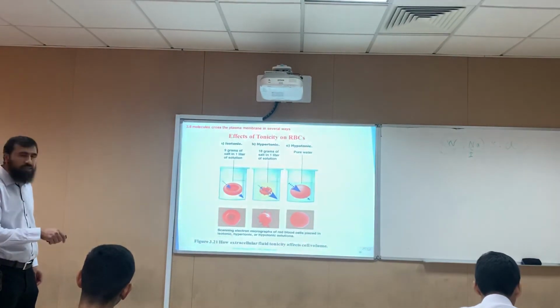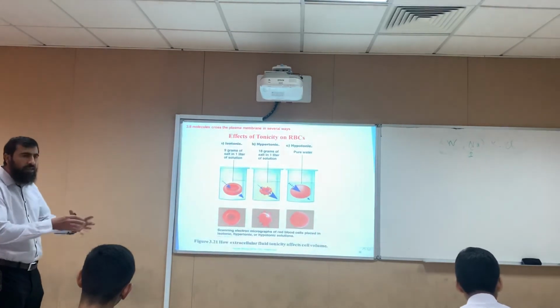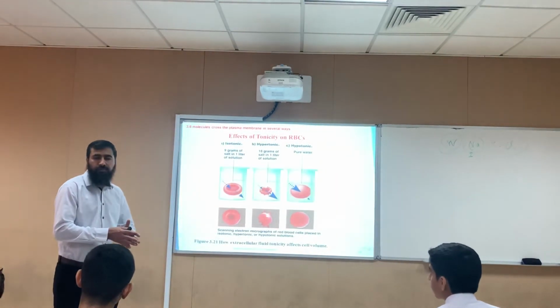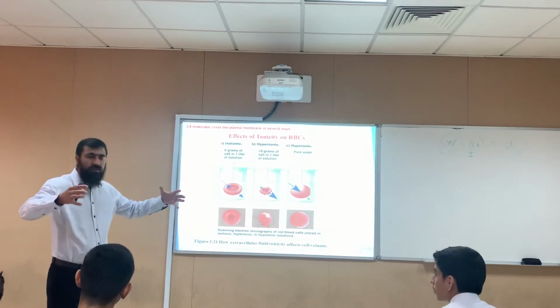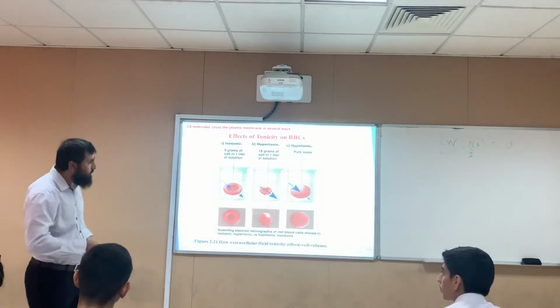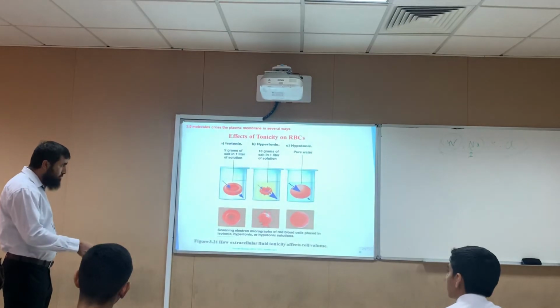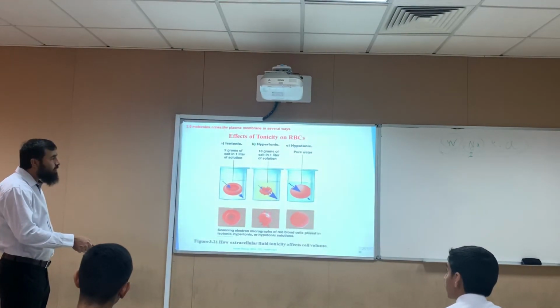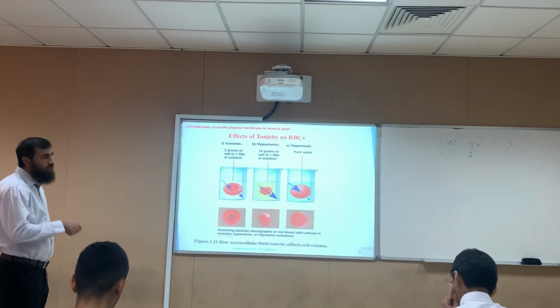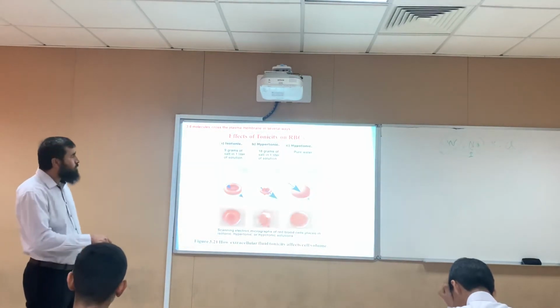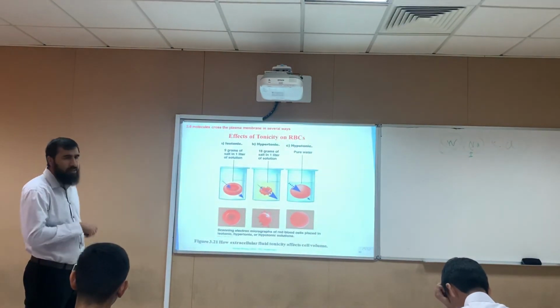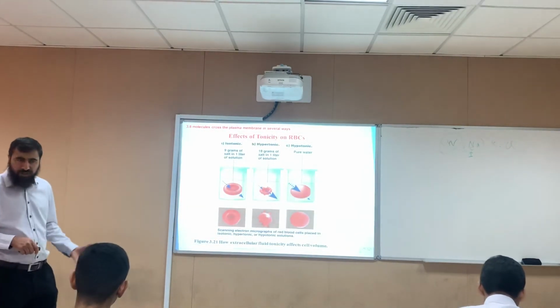And then we put the cells in a third solution. We found that they are growing and nearly about to burst, okay? So they become enlarged. Water is moving into the cell more than out, so what's the solution here? Hypotonic. It's like pure water.